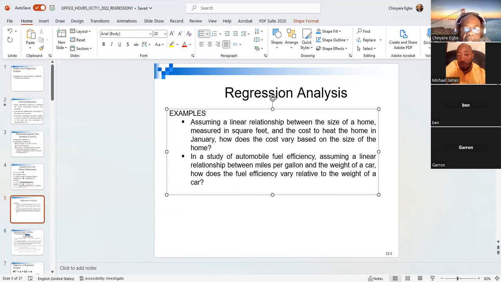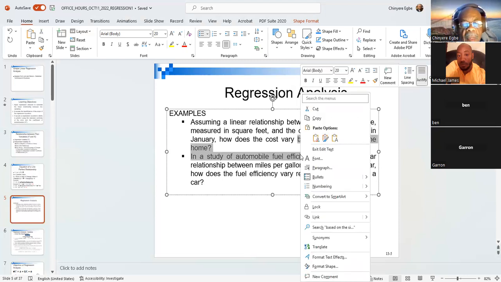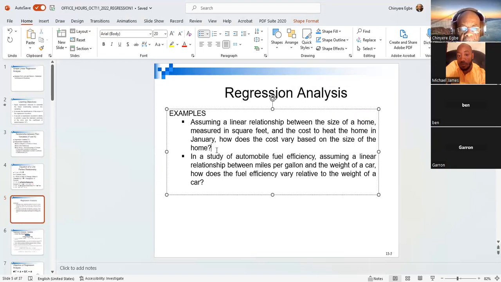Okay. For example, in a study of automobile efficiency, assuming a linear relationship, the miles per gallon depend on the weight of the car. If your car is heavier, then it will consume more gas per mile. I learned this the hard way many years ago in 1980. And I made a budget to drive my car from North Dakota to Pennsylvania.